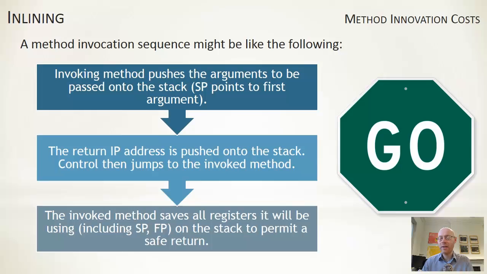It's generally good if a method looks after itself and is clean by way of its execution. So sometimes the method will be storing other registers on the stack, pushing just the values onto the stack as well. But all of this setup happens before we finally update our instruction pointer to execute the code associated with that method call. And that method then knows to go to the stack, look at the stack pointer for finding its arguments.